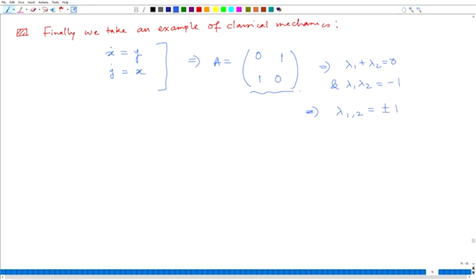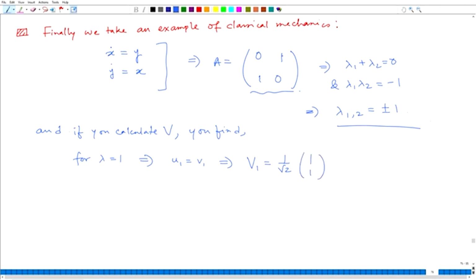So, they are also the case of distinct eigenvalues, and if you calculate V, you find for lambda is equal to 1, small u1 is equal to v1, and so capital V1 is nothing but 1 over root 2 times (1, 1), and for lambda is equal to minus 1, u2 is equal to minus v2, and that gives you capital V2 is equal to 1 over root 2 times (1, minus 1).